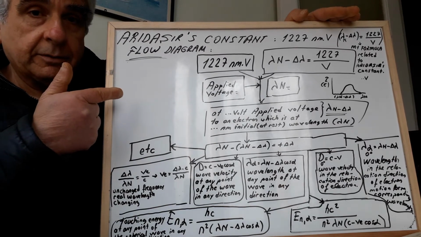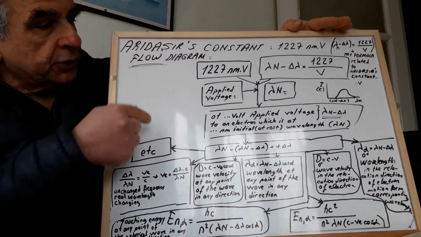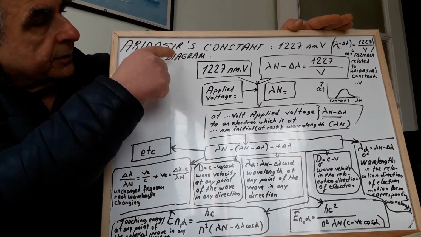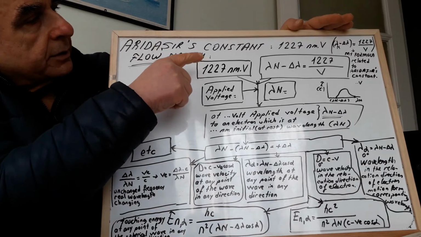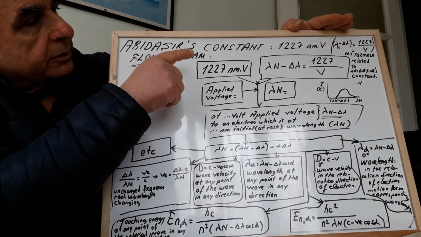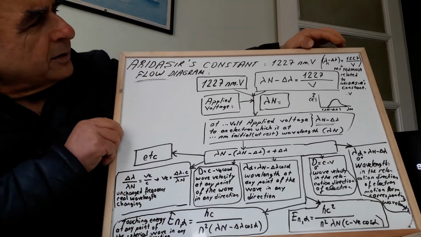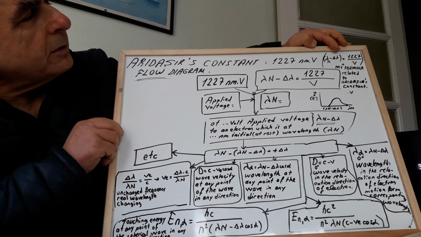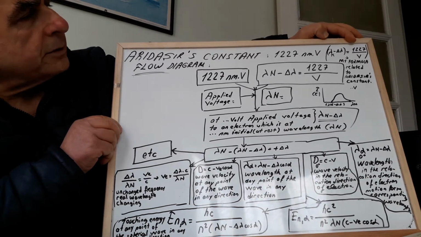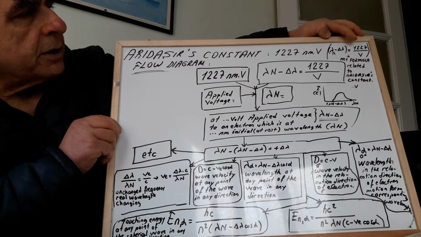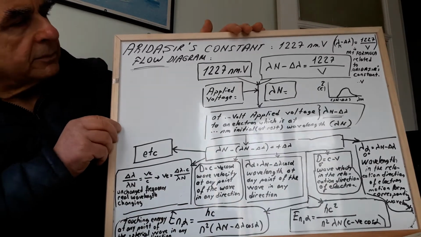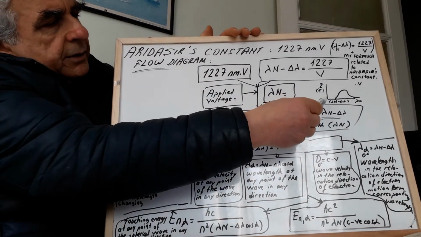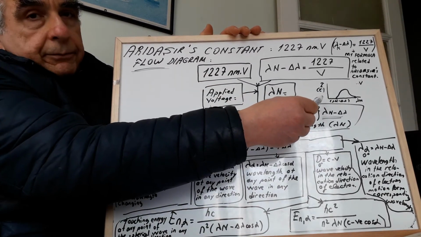This is my chart. This is my constant, Aridaşır's constant, 1227 nanometer volt. This is my formula: lambda_n minus delta lambda equals 1227 divided by voltage. Then here, this is the X-ray graph.